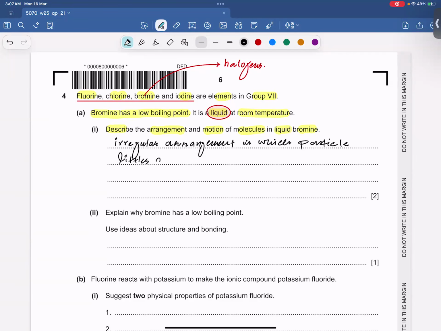In which particles are a little away from each other, and the motion of the molecules, they move randomly. I mean, they will have a random motion, okay? And they move randomly over each other.